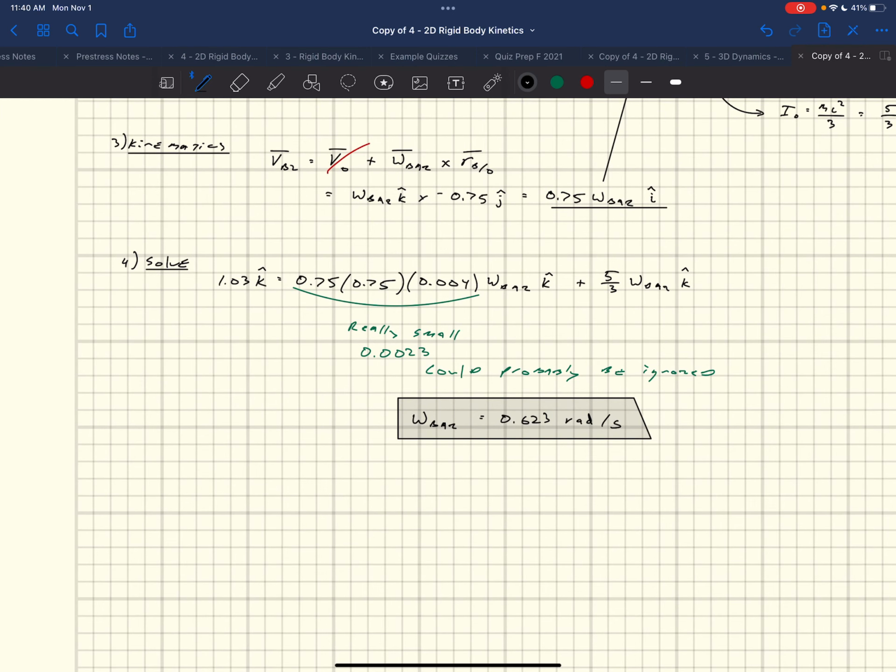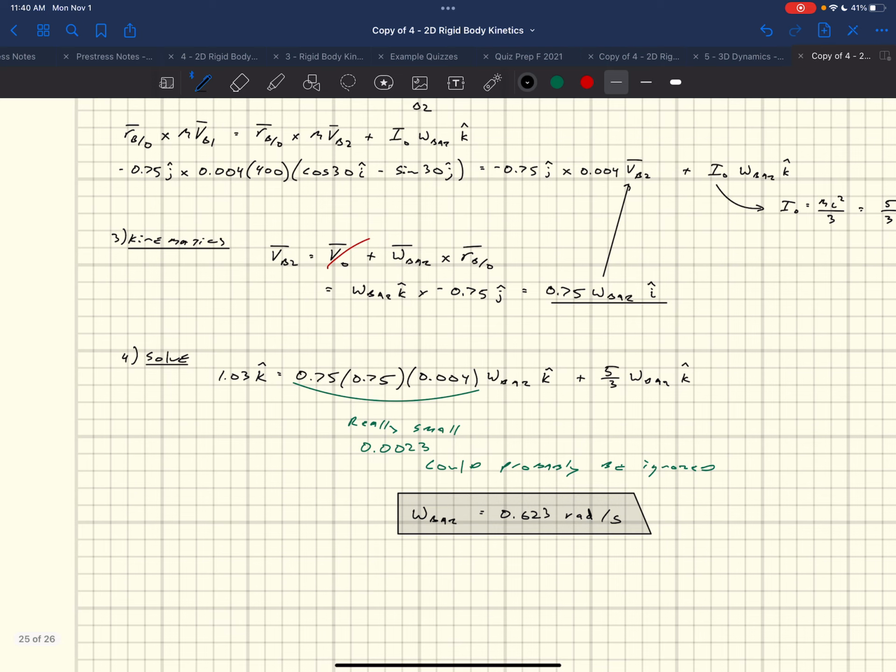If the problem asked how high did the bar rotate after the impact, what would you do? Yeah, you do work energy, right? This is what its omega is right after the impact, and you could take that and figure out how much it went up. All of that kinetic energy from that impact would then be transferred into potential energy, and you can figure out that height.